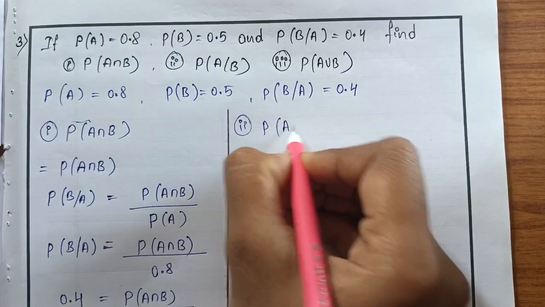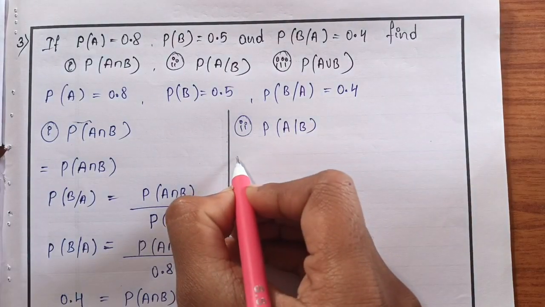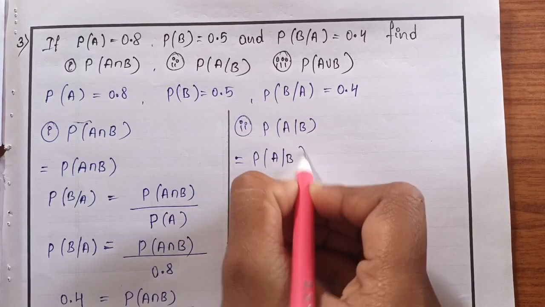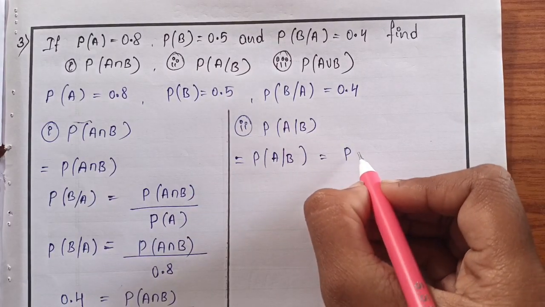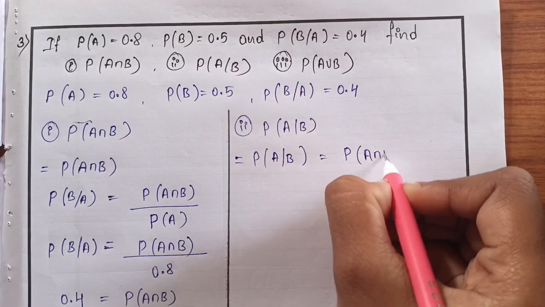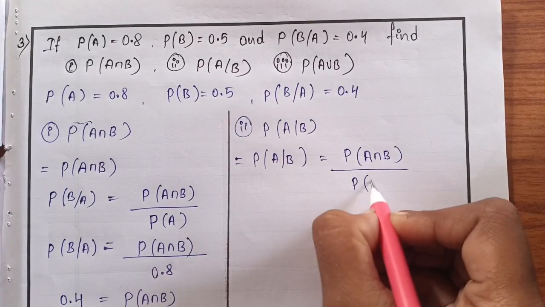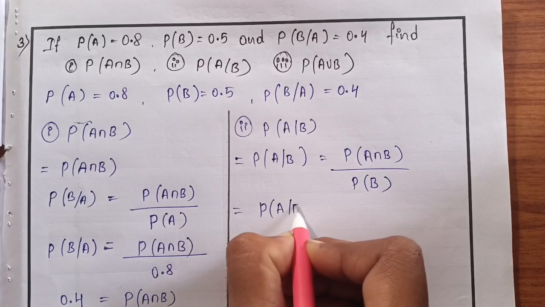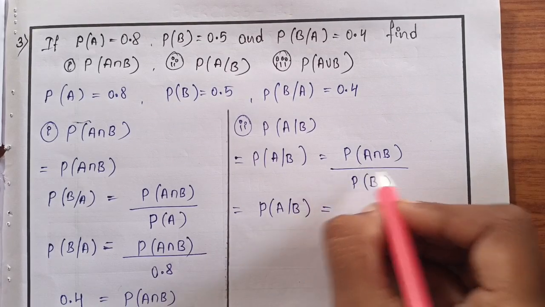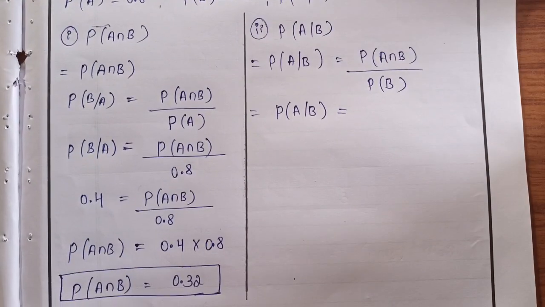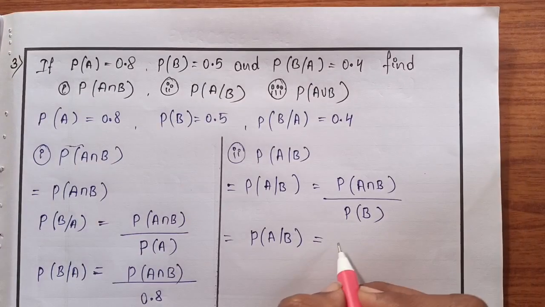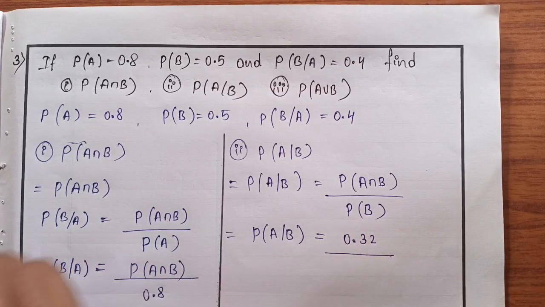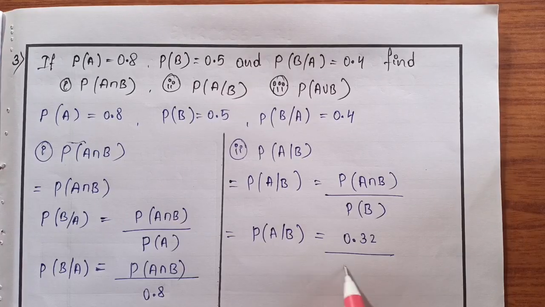The formula is probability of A intersection B divided by probability of B. So probability of A by B equals probability of A intersection B, whose value came as 0.32, divided by probability of B, which is 0.5.